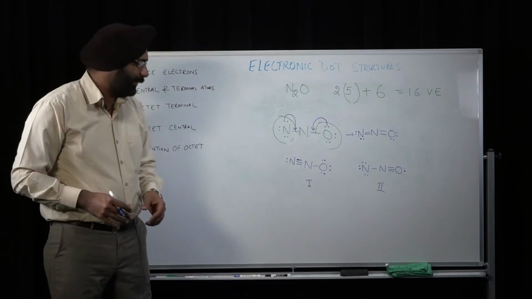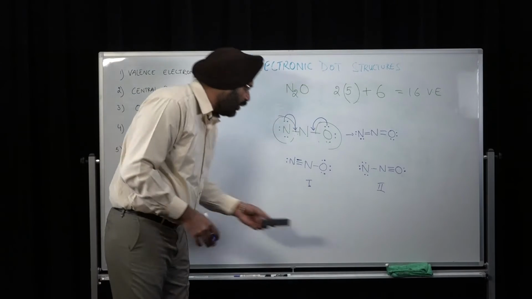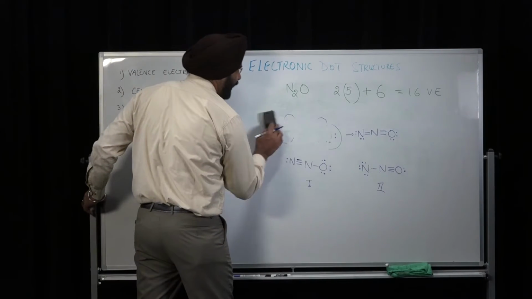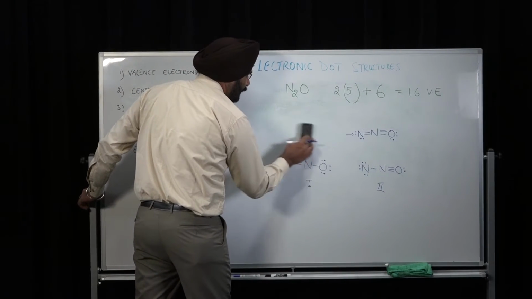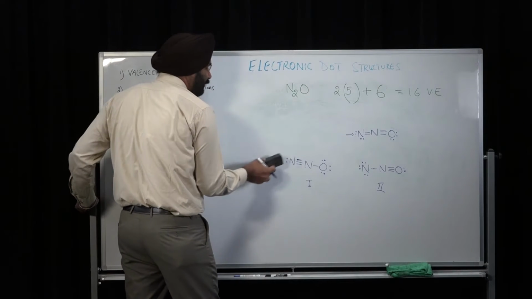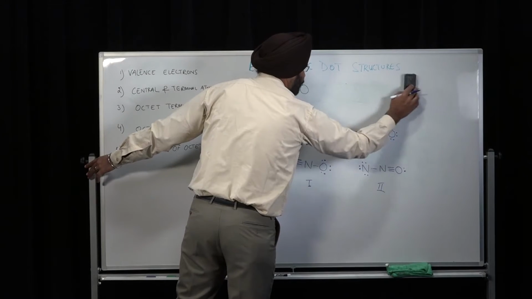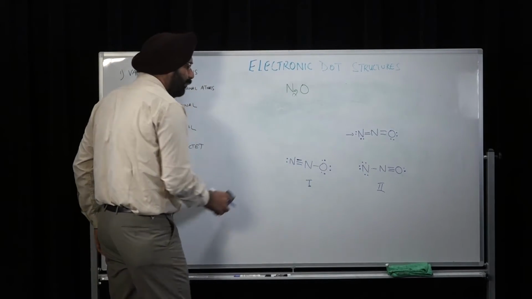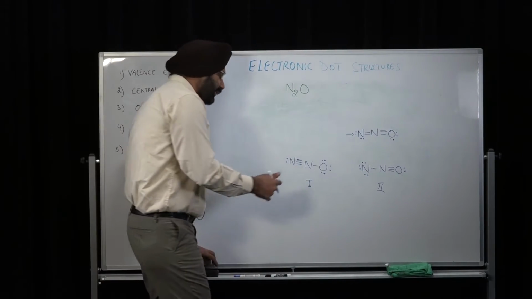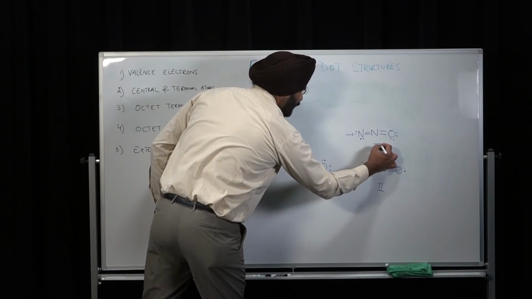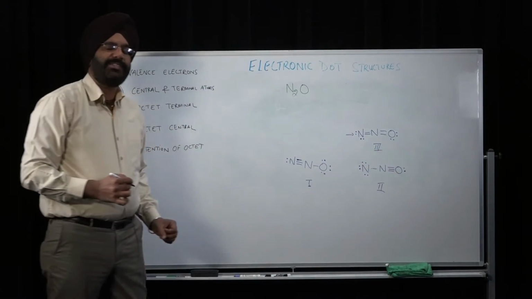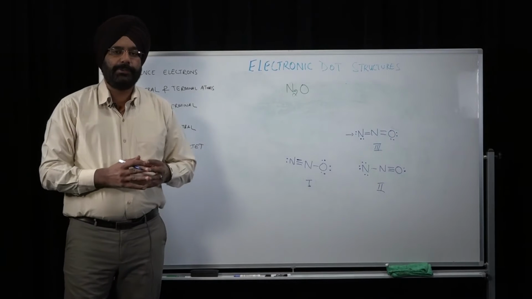For doing that, we will move to another concept. When we get that kind of dilemma, where we get multiple structures for a single molecule, how can we determine which structure is the most probable structure for that molecule?